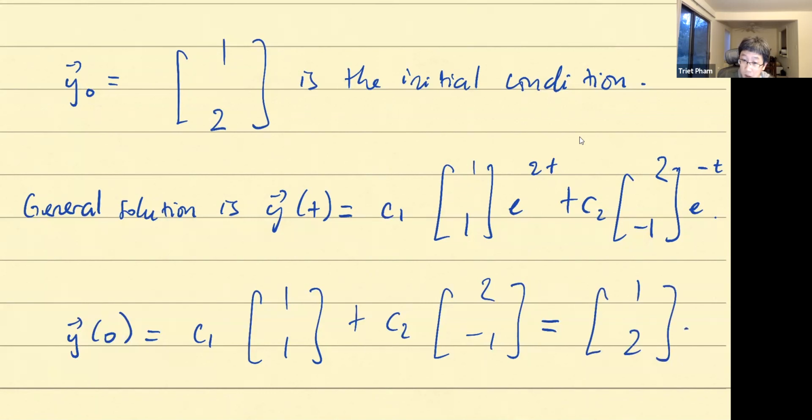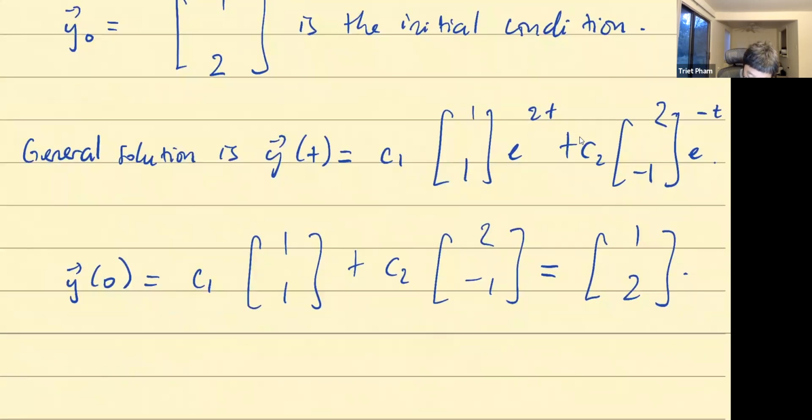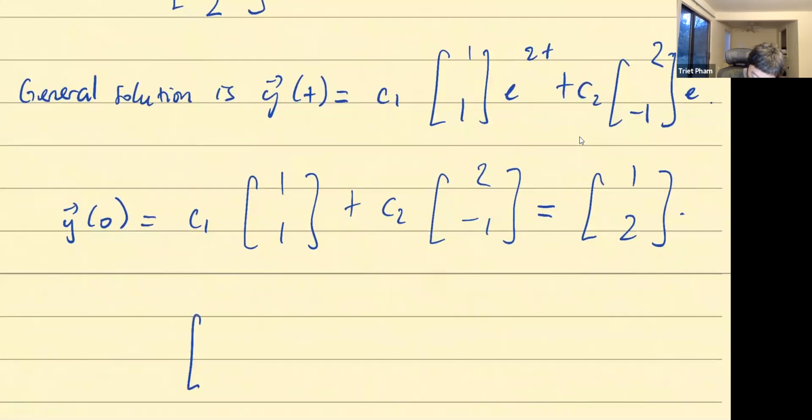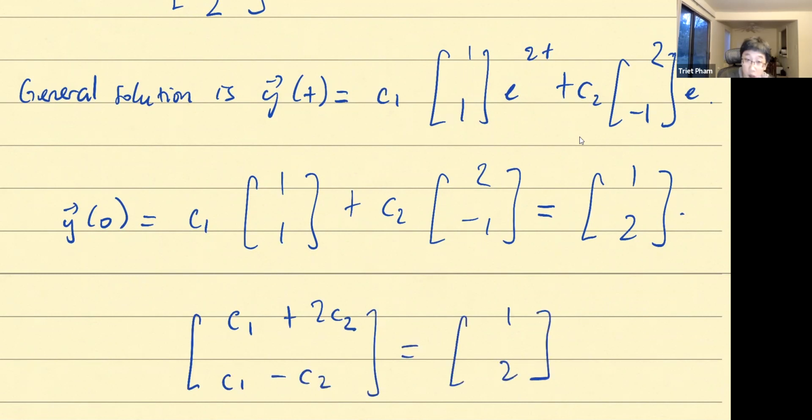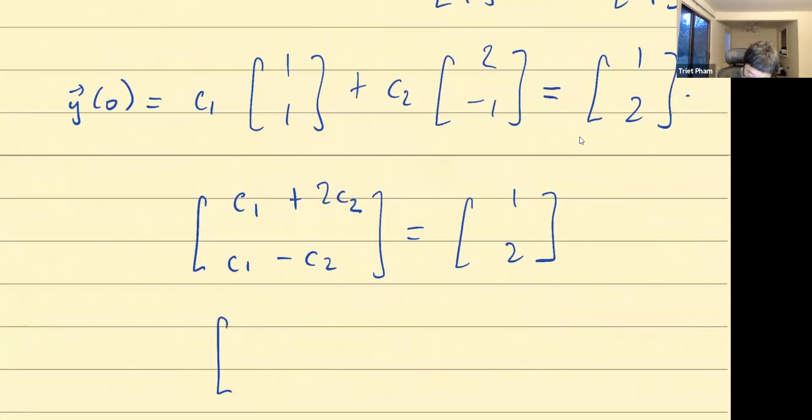First of all, I claim that the left-hand side, if you want to do it slowly, is C1 plus 2C2, C1 minus C2, equal to 1, 2. But this is also equal to the matrix 1, 2, 1, minus 1 times C1, C2, equal to 1, 2.